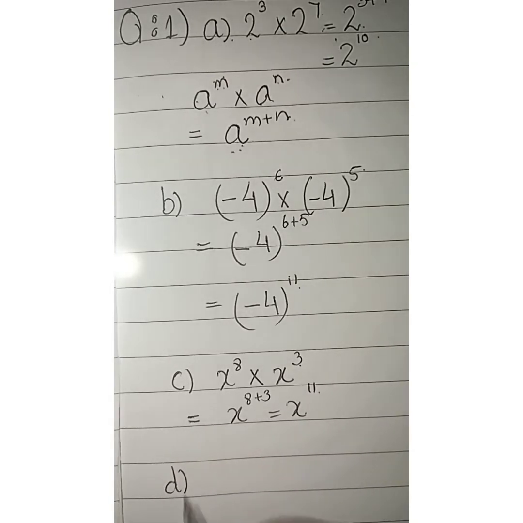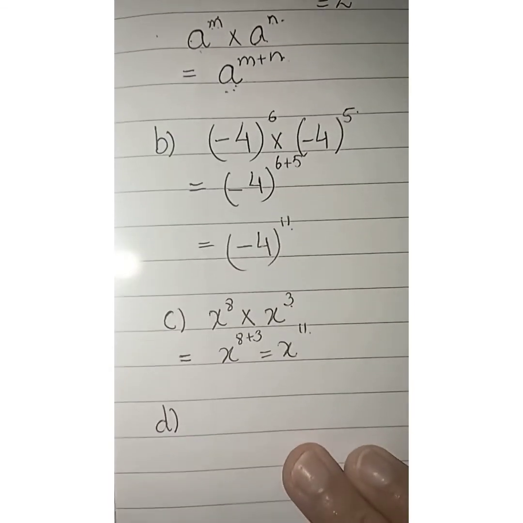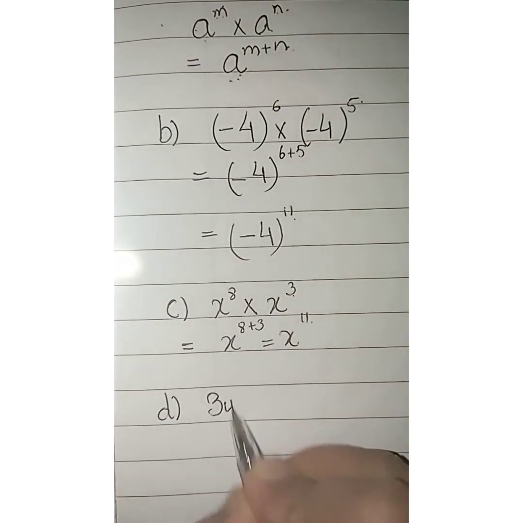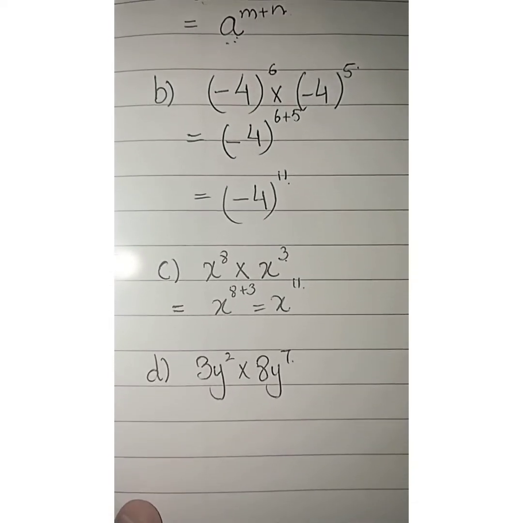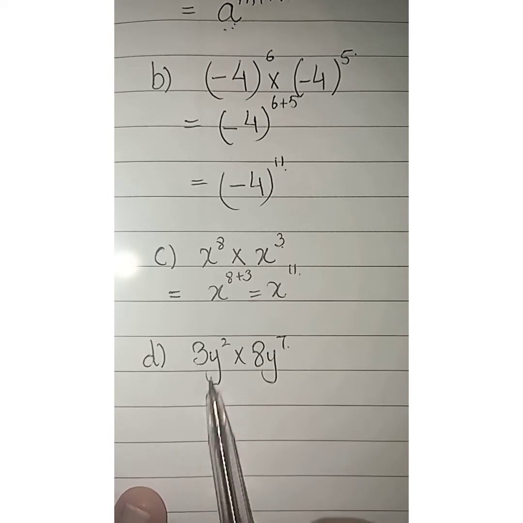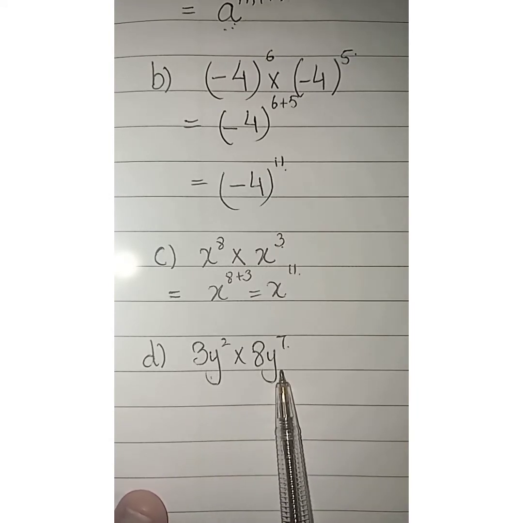Now, when it comes to the D part, it has a little bit more to it. 3y square into 8y7. So let's write this. 3y square into 8y7. We can see both these terms have the variable y and they are multiplied, so we can use the same rule.